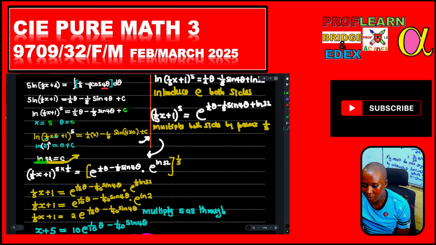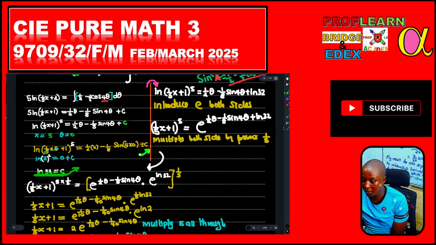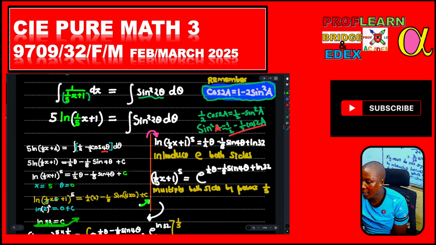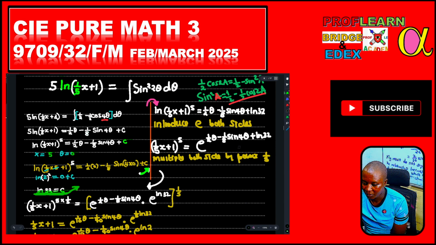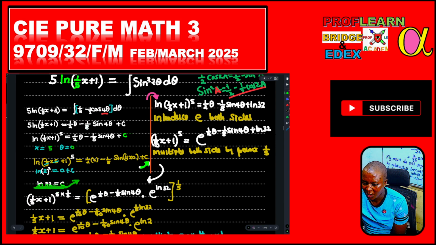Now I decided to change the trajectory, so I'll be working up there because a lot of space was required. If you substitute x with 5 and theta with 0, you are going to have c equals ln of 32.